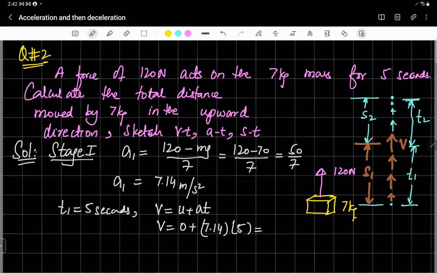Please calculate this velocity. 35.7 meter per second. Okay.